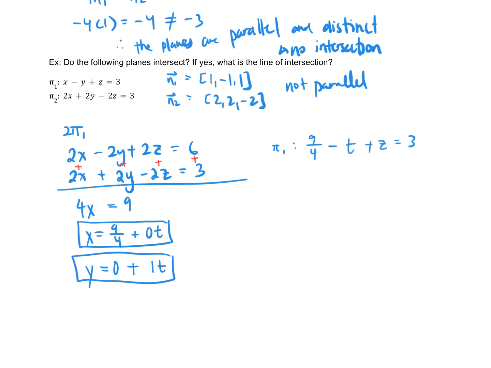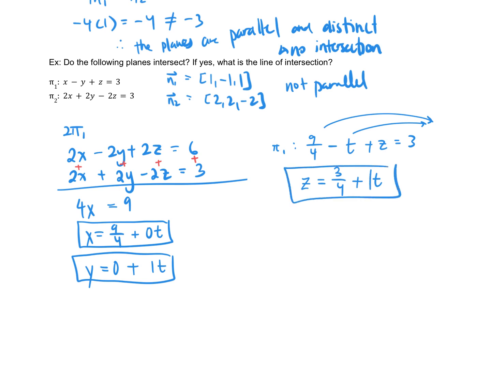And then I'm going to bring everything over. So when I bring the 9 over 4 over, I'll have 3 minus 9 over 4. And 3 is 12 over 4. So 12 over 4 minus 9 over 4 is 3/4. And then bring the t over and it's now positive. And there we are.